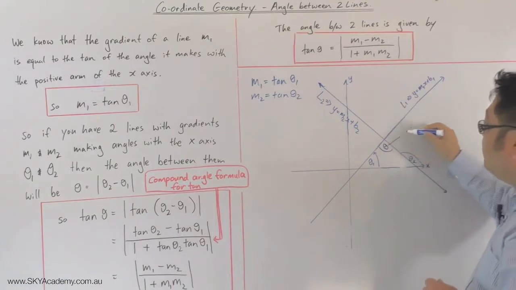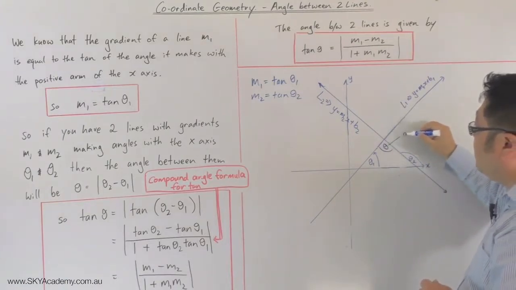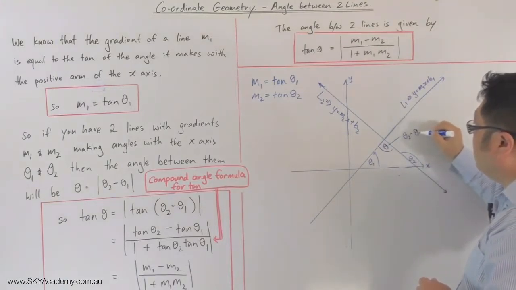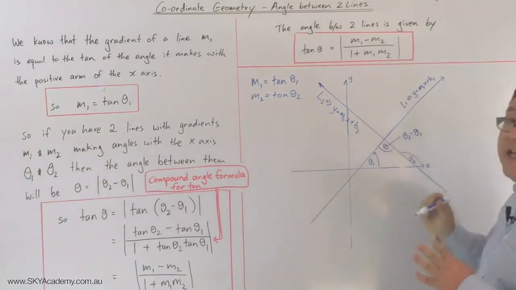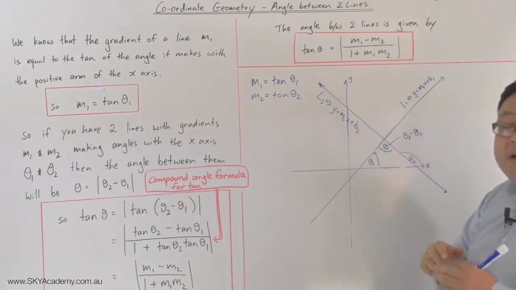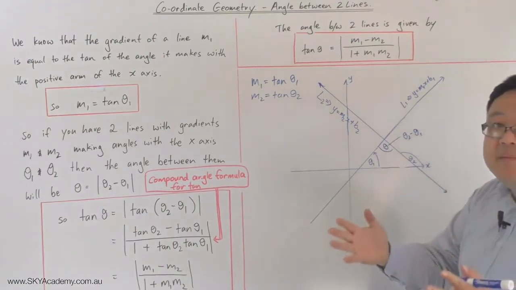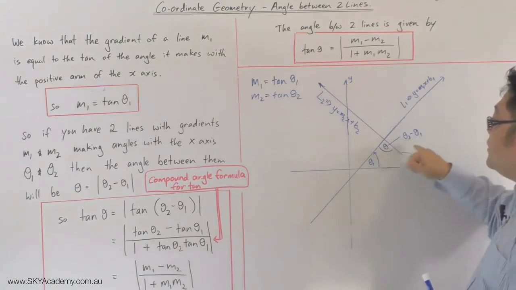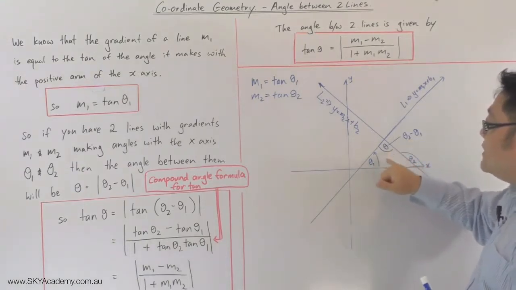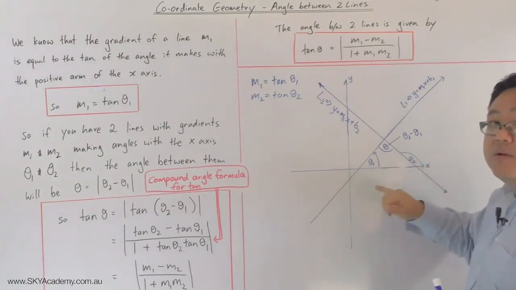That theta would be given by theta 2 minus theta 1. Can you see how that's the case? Can you see the reasoning I use to work out that theta is equal to theta 2 minus theta 1, that this angle is equal to the difference between these two?